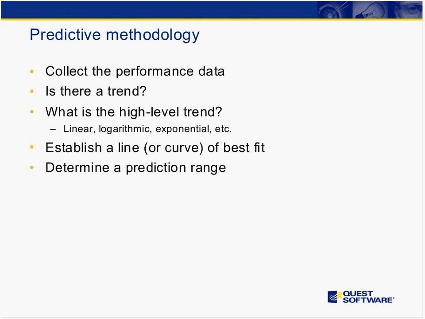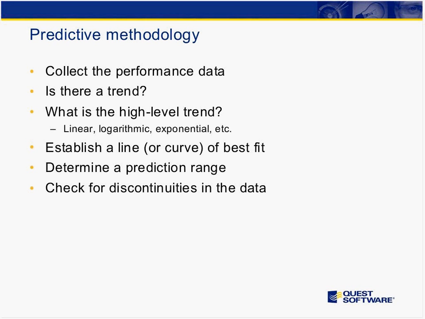Determine the confidence range. We need to know not only what our projection is for the future performance of the SQL statement, but also how confident we are of that projection, so that if we are looking into the future and we predict that we'll hit a certain level that will cause a problem 2 months from now, we want to know if there's a possibility we can reach that point 1 month from now.